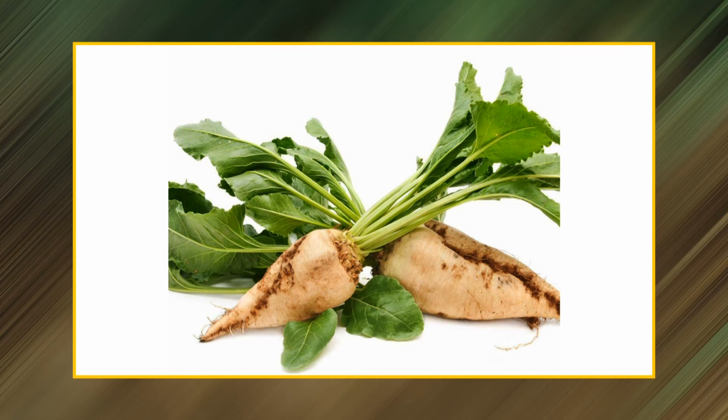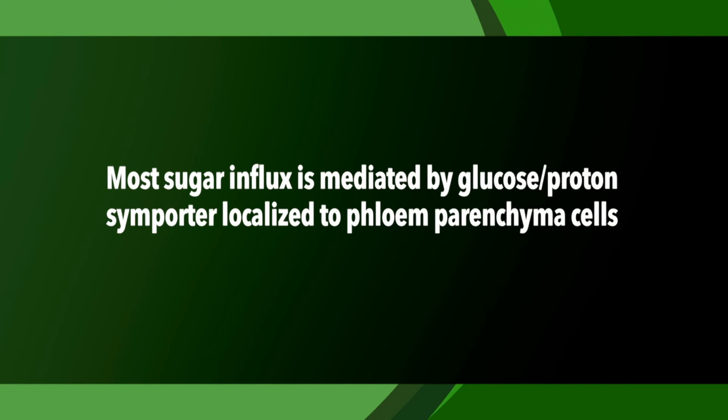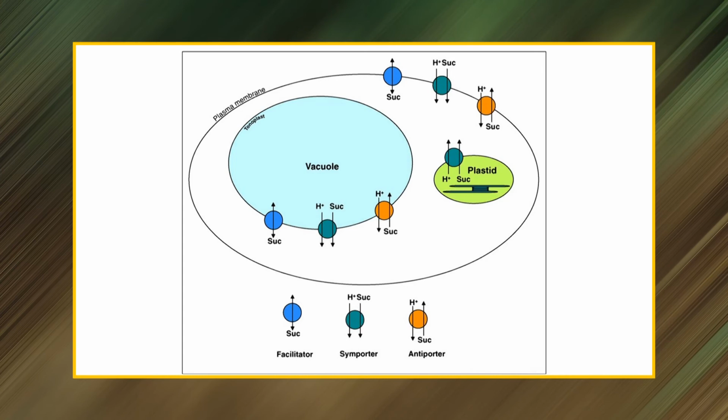Both sucrose and hexose proton symport activities have been detected in sugar beet tap roots. Comparison of sugar uptake by various protoplast populations suggests that most sugar influx is mediated by the glucose proton symporter localized to the phloem parenchyma cells. Following resynthesis in the cytoplasm, sucrose is accumulated in the storage parenchyma vacuoles by a tonoplast sucrose proton antiporter.